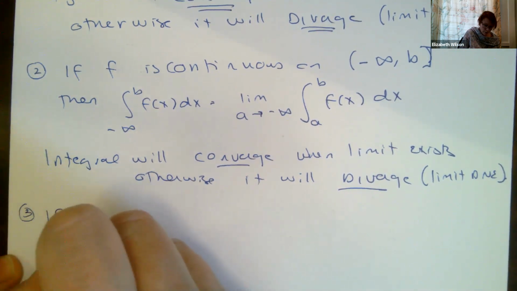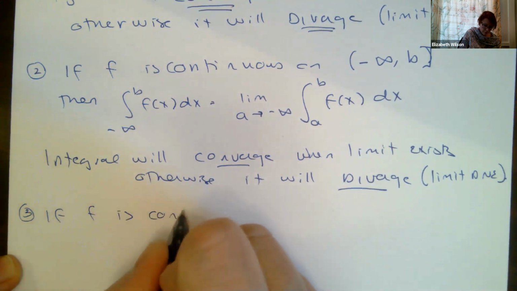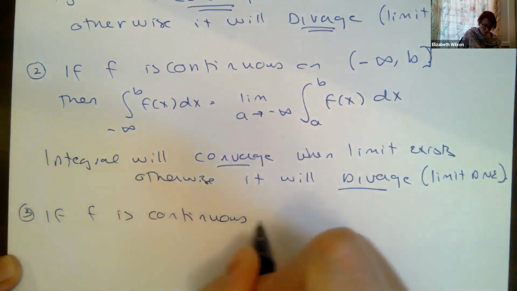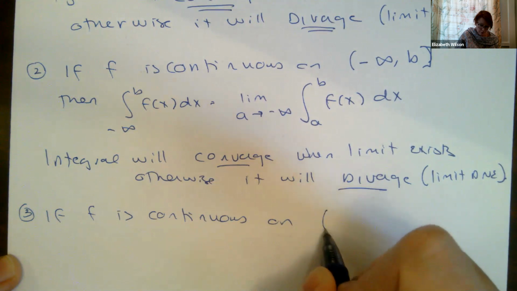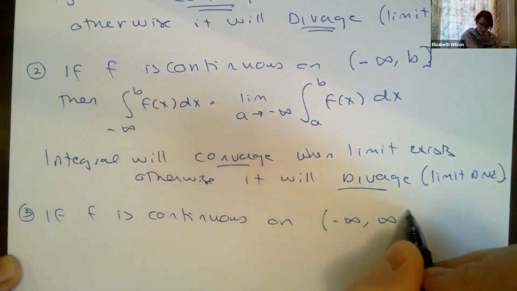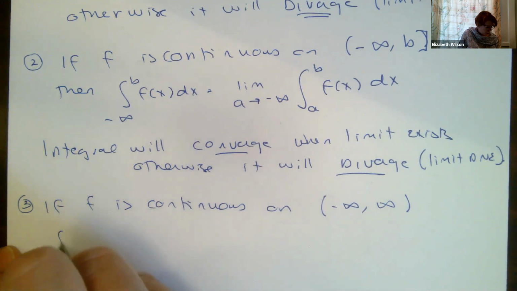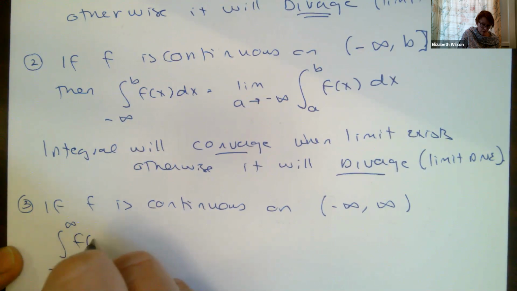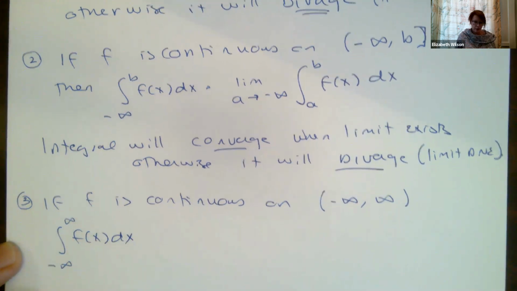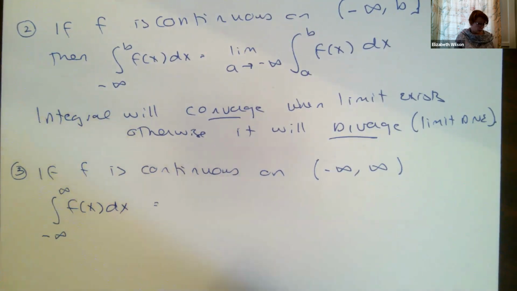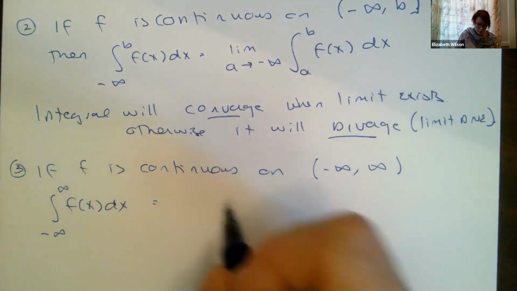If our function, we'll say minus infinity to positive infinity, so our function is continuous on this here. Then my integral goes from minus infinity to positive infinity of f of x dx. I need to substitute both, but I'm going to break them up into two different limits.